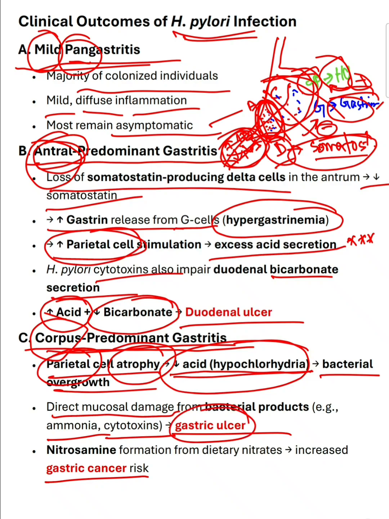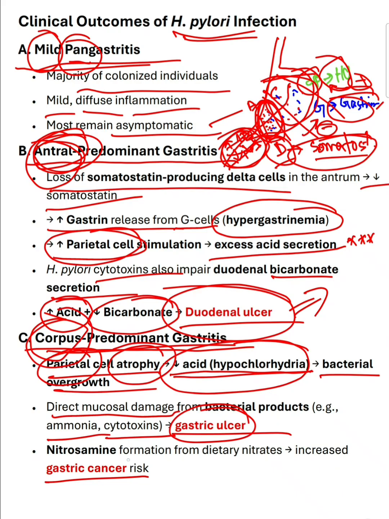So this is how corpus-predominant gastritis can cause gastric ulcers, whereas antral-predominant gastritis is causing duodenal ulcer. And in fact, in most of the patients who have duodenal ulcer, the cause is actually the antral-predominant gastritis.